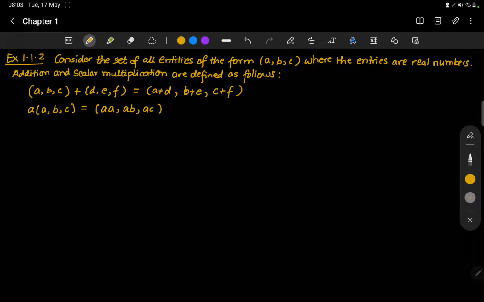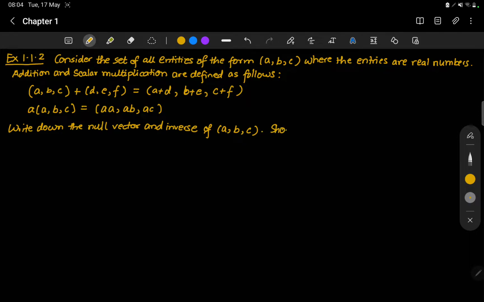So what is the question now? The question says, write down the null vector and inverse. So we want to find out the null vector and inverse for a given entity or vector A, B, C, this triplet, in the given vector space.